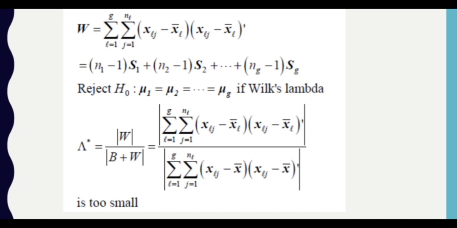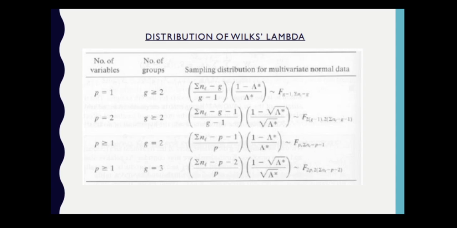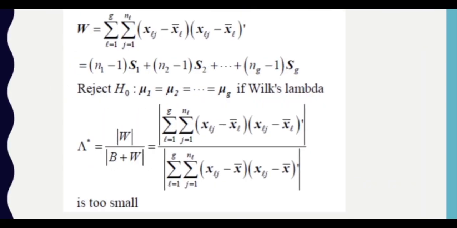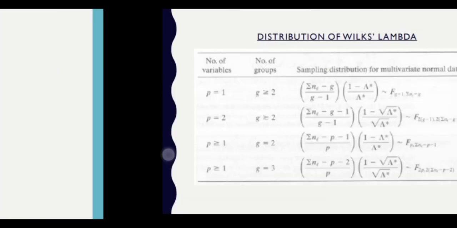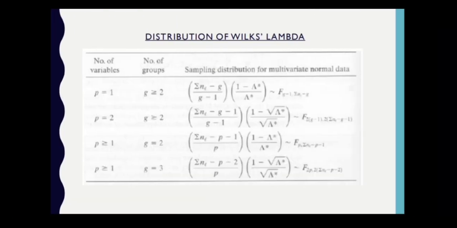So macam mana kita nak buat decision rule? Where is it? Okay, tak ada kat sini. Okay, betul sini. Okay, macam mana nak buat decision rule? Okay, decision rule ada beberapa. It depends on how many variables involved and how many groups ataupun how many populations involved.